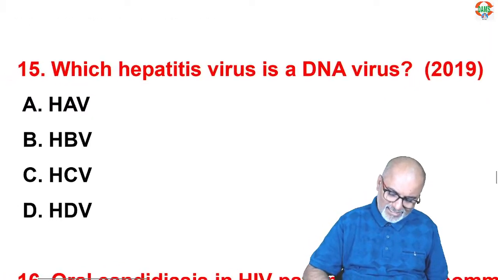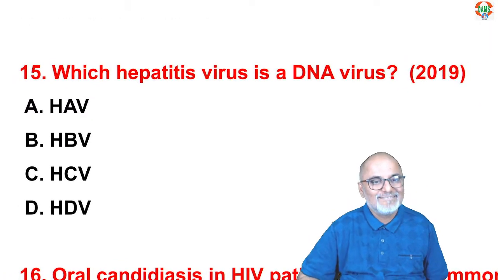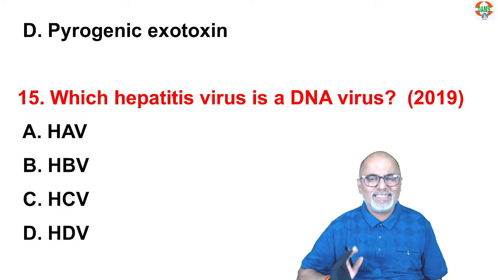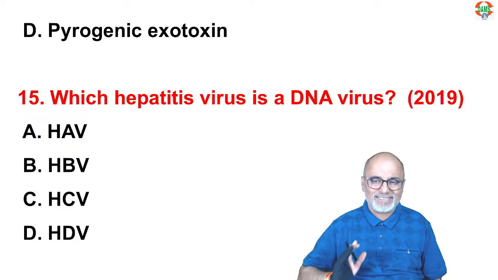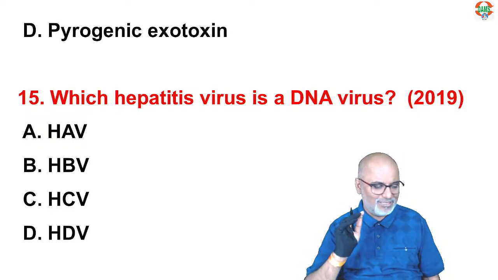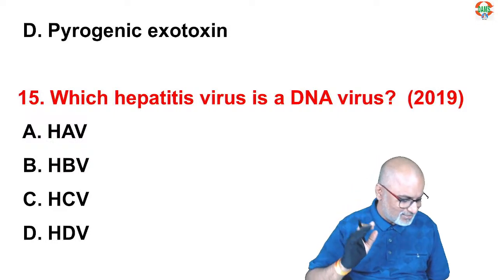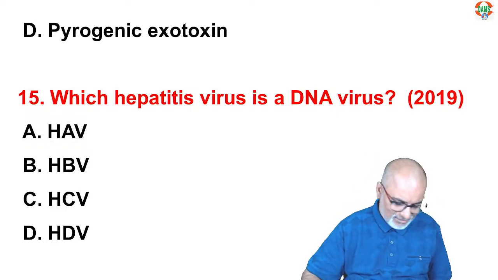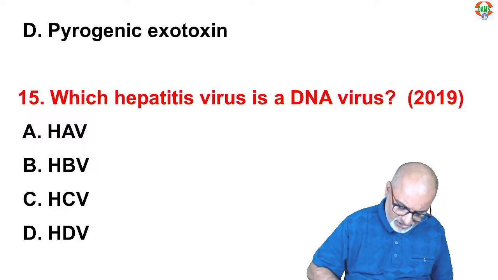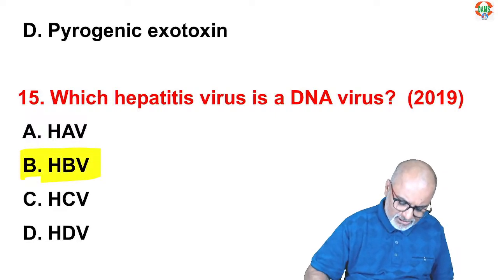Which virus is a DNA virus? All hepatitis viruses are RNA viruses. Live direct question. All are RNA viruses except hepatitis B, which is a DNA virus, partial double stranded DNA.